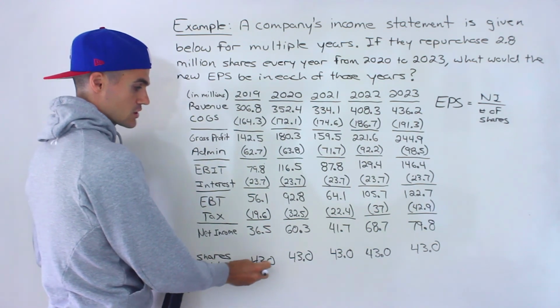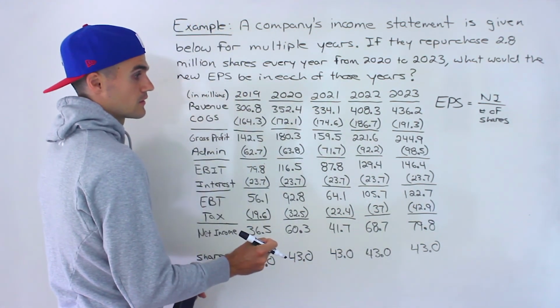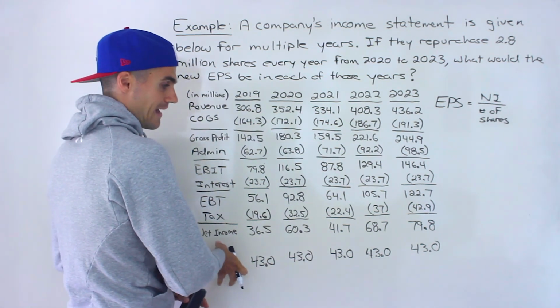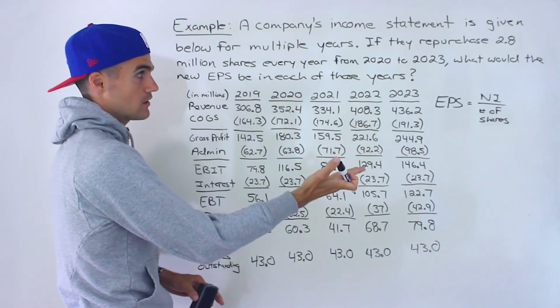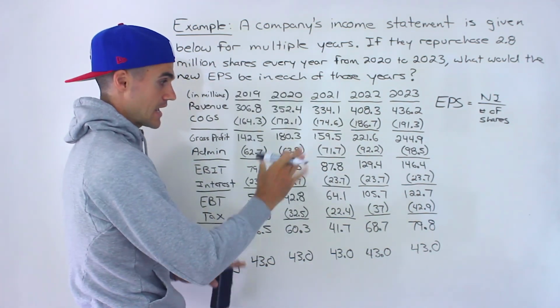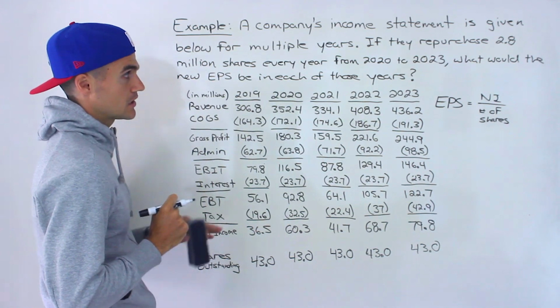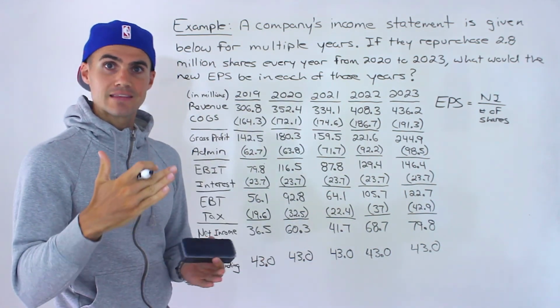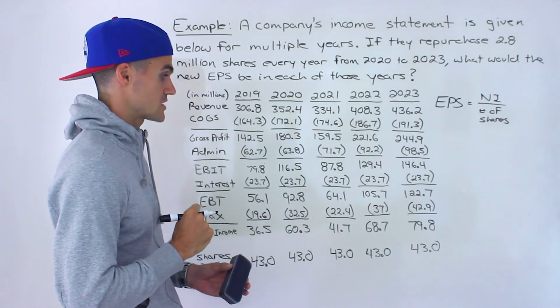However, notice that the shares outstanding is constant every year. So we can tell that the repurchase of 2.8 million shares every year has not been taken into account in this visual information. Because what does a repurchase mean? It means that the number of shares is going down when a repurchase happens.